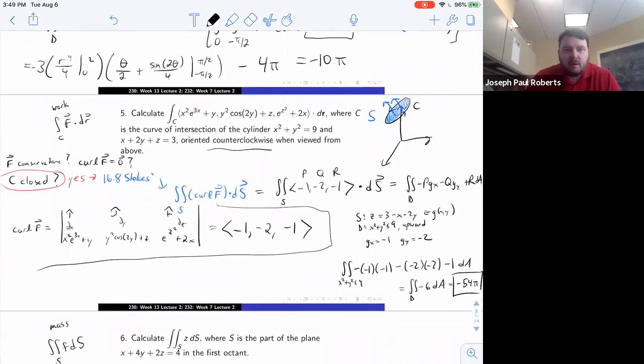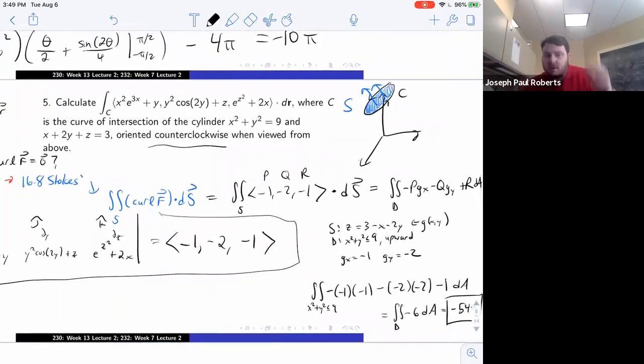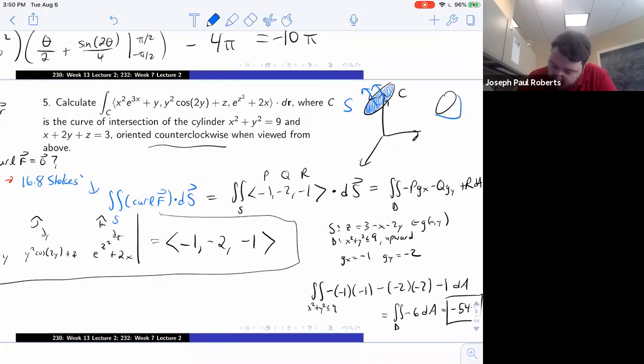But yeah, the work of F on a closed curve is equal to the flux of curl F on any surface that's stuck on this thing. So you could have done something crazy. You could have stuck a hemisphere here, right? You could have stuck a paraboloid shape there.